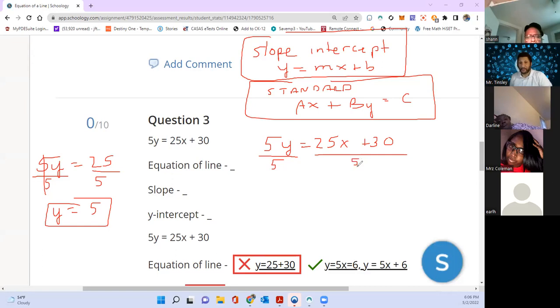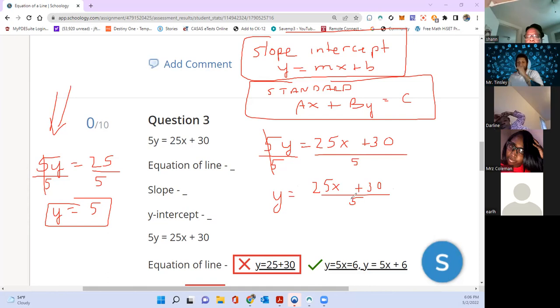Do you understand that? No, how do you divide? I got confused with the 30. Just like this example here, do you understand why we divide both sides by 5? Yes. Now these two 5s cancel. So we have y equals 25x plus 30 divided by 5.